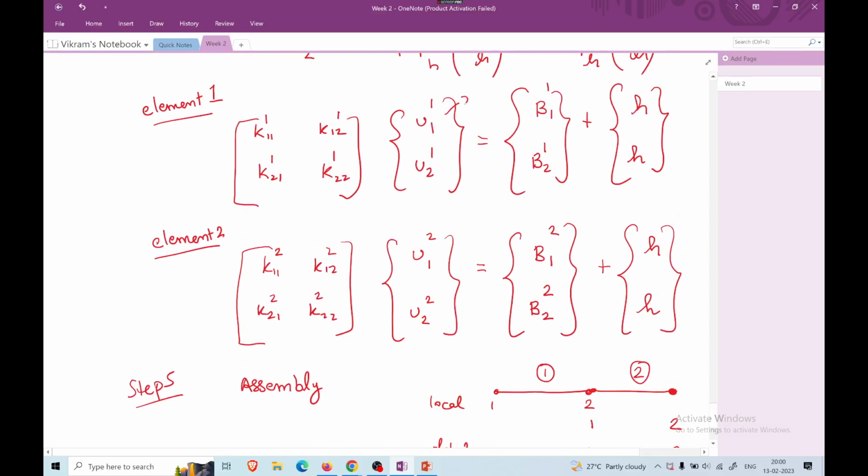So this will be my u1, both will be u2, and this one will be u3. Is it correct? Yes, sir.